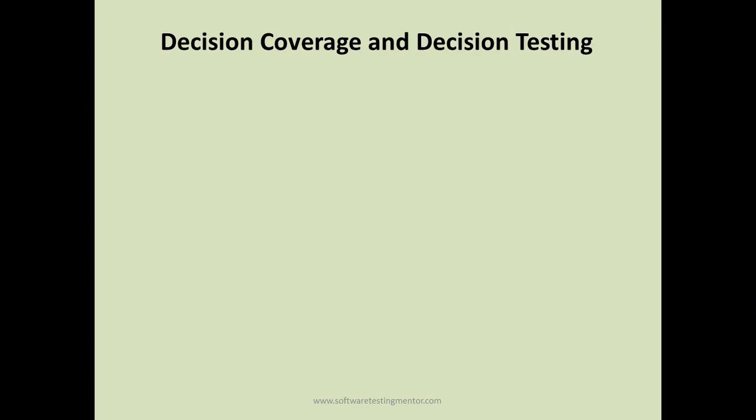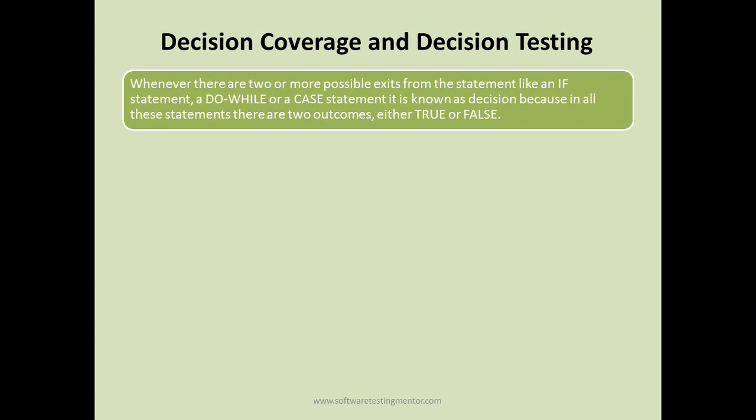Then what is decision coverage and decision testing? Whenever there are two or more possible exits from a statement, for example an if statement, do while, or case statement, there are two outcomes, either true or false.